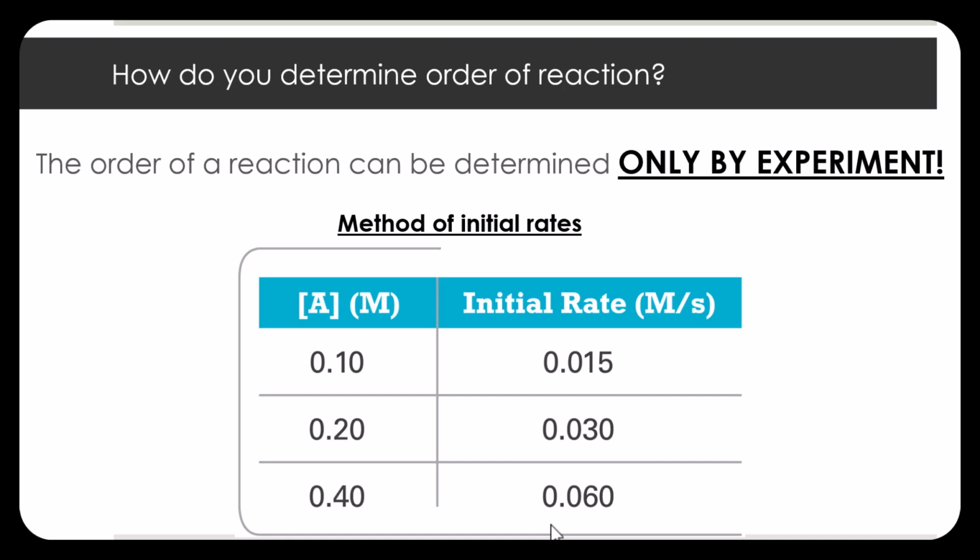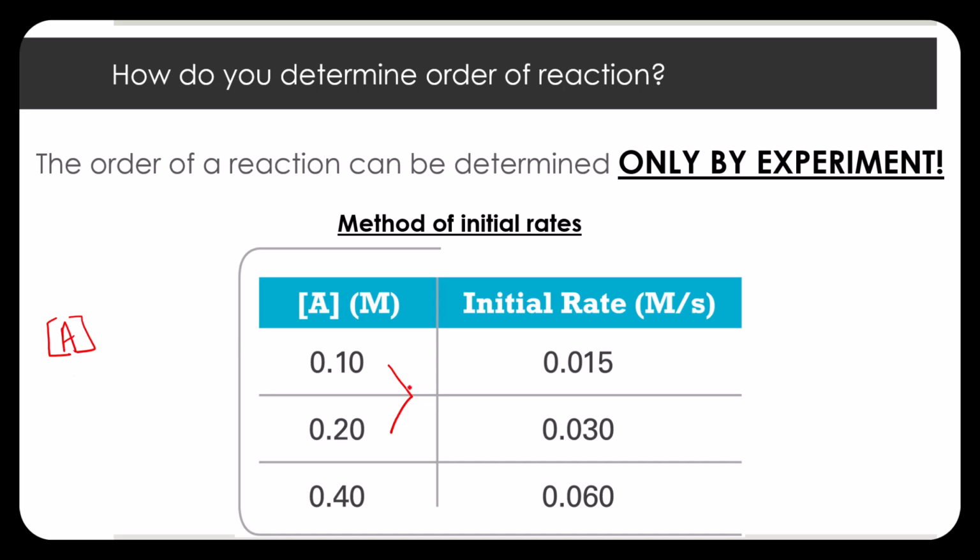So to determine the order of this reaction, we're going to compare 2 different trials. It doesn't really matter which trials you choose, but just pick 2. So maybe I'm going to look at trial 1 and trial 2. What happens to the concentration of A between trial 1 and trial 2?